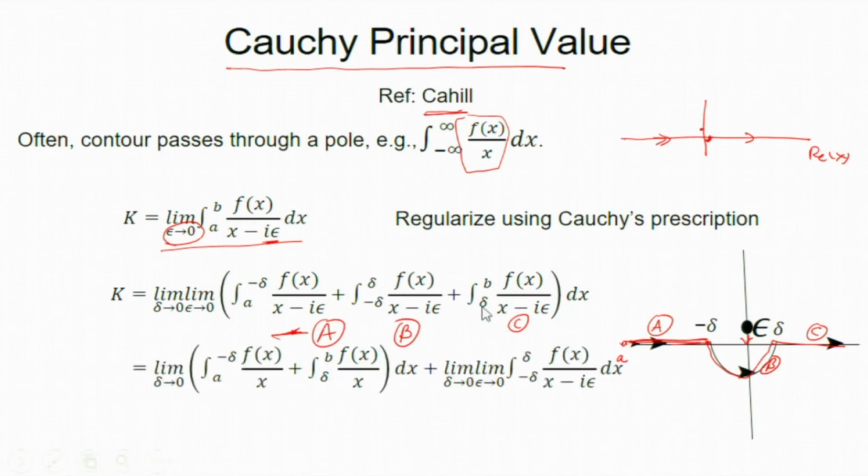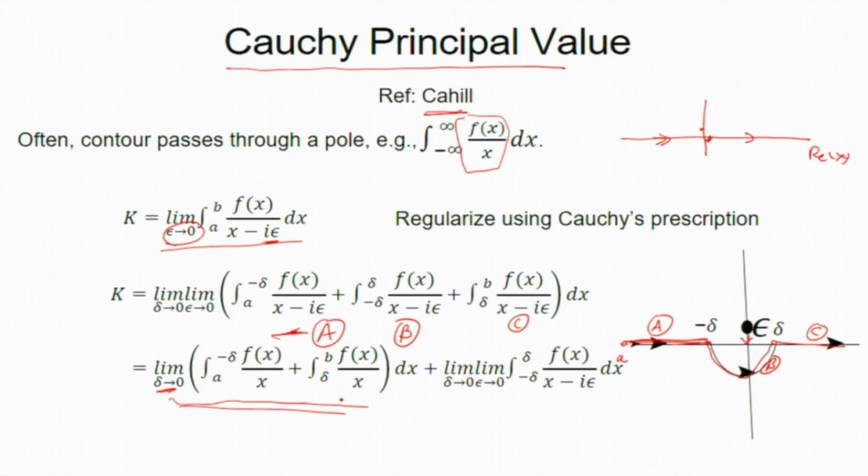Now, we will again do a bit of juggling around. So, a to minus delta and delta to b, a and c together we put it here and let delta go to 0. So, my delta is going very close to the origin. This integral is now defined. I am avoiding the singularity, and this is called the principal value in fact.